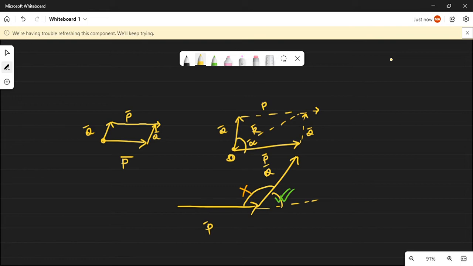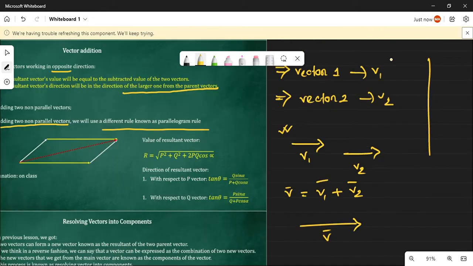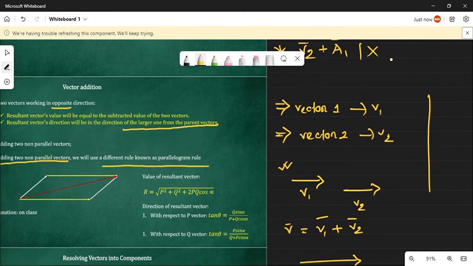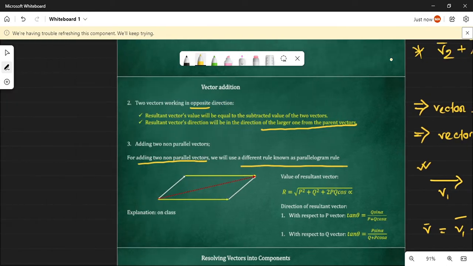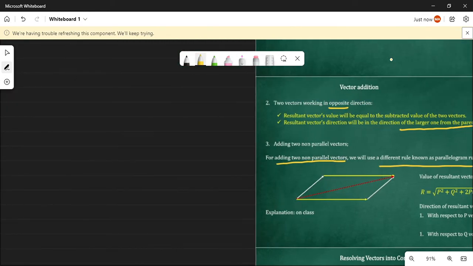Okay, now I will go upward, and I will do some calculations here. For convenience I am writing this is P, this is Q, and this is also P, this is Q, and this is R. As we said, this is the angle between P and Q. We will denote it normally by alpha.